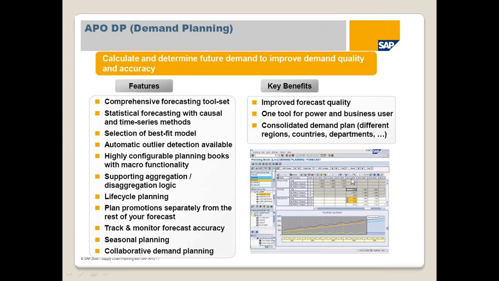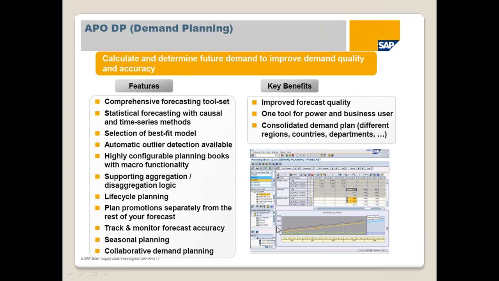So in a single screen, we can see all information. It means if you want to do global planning, you can see regional data, or country level data, or department level data.